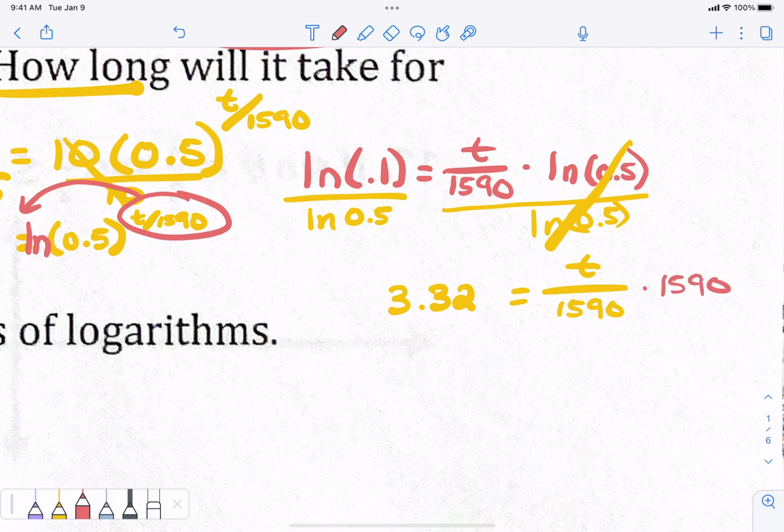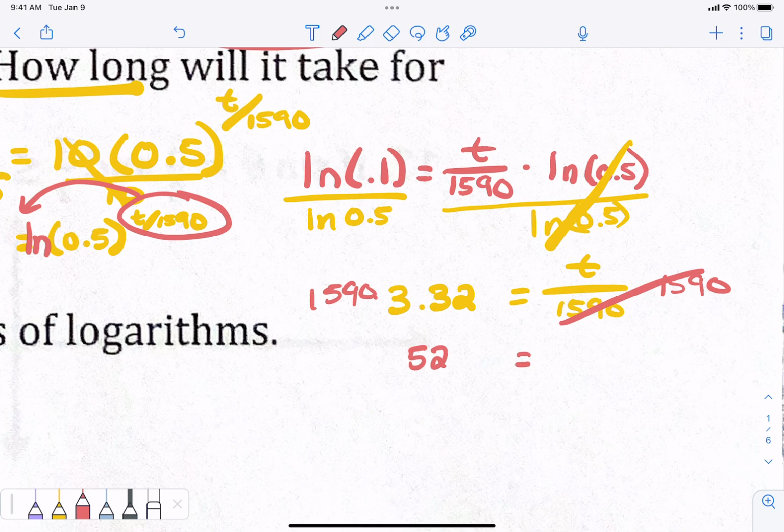multiply by 1590. So it has split in half 3.32 times. So it's been quite some time, right? Almost 5,000 years. Did you use the full decimal?